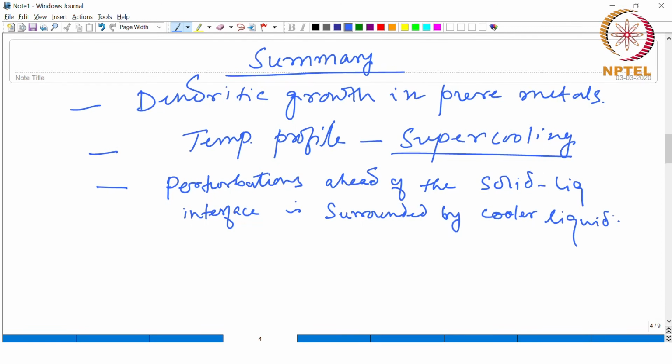Right. The perturbations, as I said, are in contact with the surrounding liquid which is at a lower temperature, and as a result this will feel stable and grow as cells or dendrite arms.